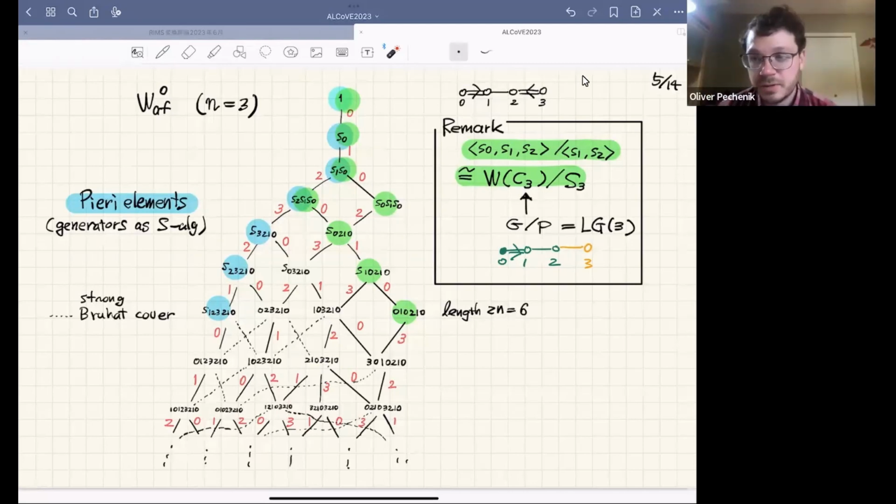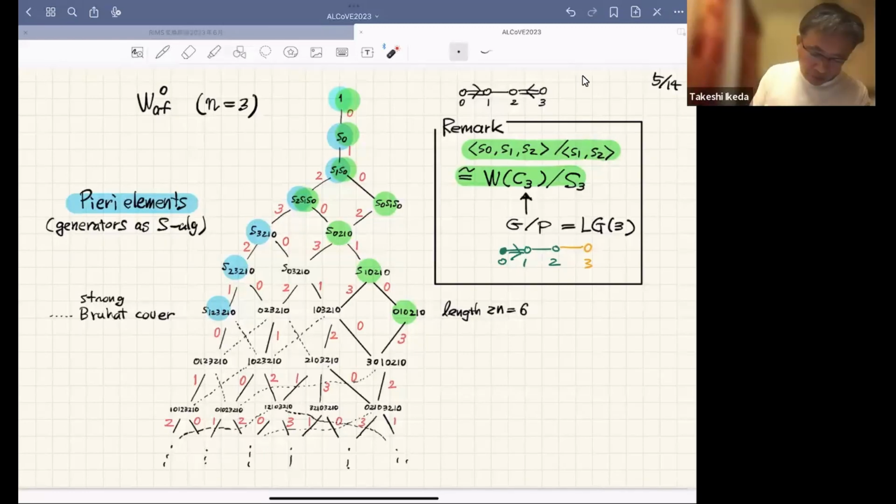So the length of that element gives, if you consider the Schubert classes of this element from 1 to n, a natural ring generator of our ring. That's what I say. Makes sense? Okay. Thank you.